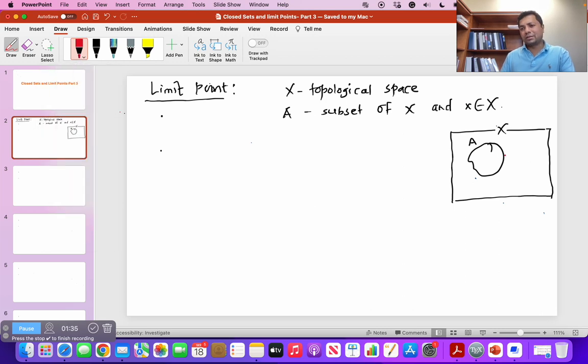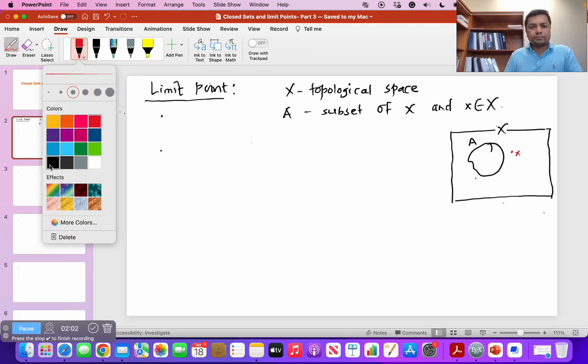This point x, which is an element of the topological space X, could be outside of the subset A or inside of the subset A. It doesn't matter.